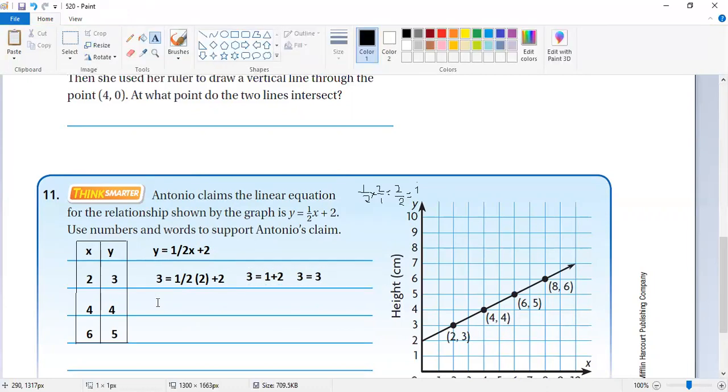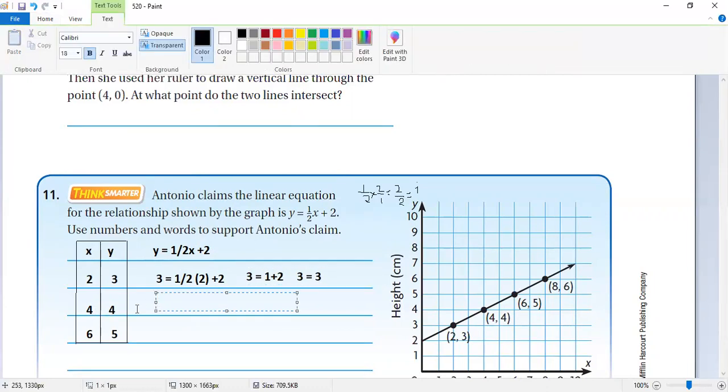Let's try for another one. 4 and 4, so y is 4. Half x means half multiplied by 4, right? Plus 2. Now, how much is half of 4? I will not show you the steps now. Half of 4 is 2.